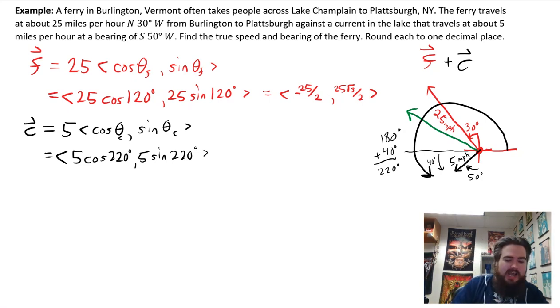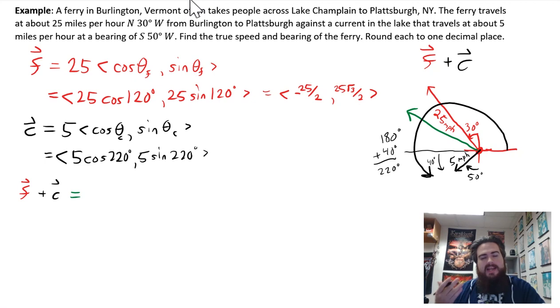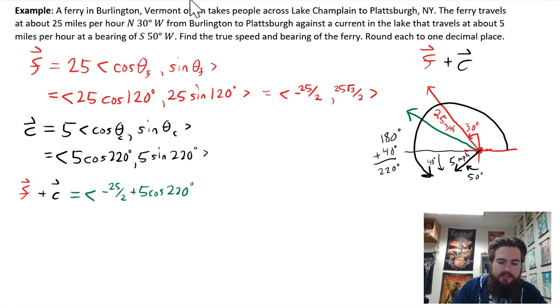But we can now evaluate our addition of vectors here, f plus c. That resultant would now allow us to calculate this because we can add up our corresponding components. We can add the first components together, so that would be negative 25 over 2 plus 5 cosine of 220 degrees.